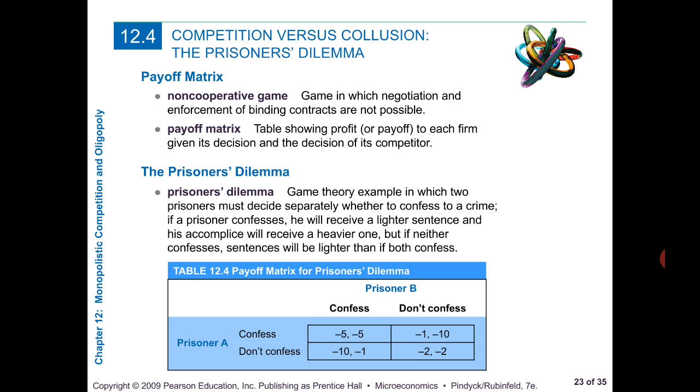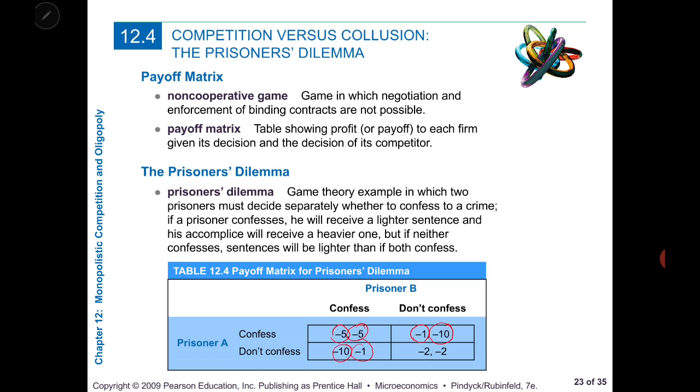And it's similar to what we know in economics or in business as the prisoner's dilemma. If both prisoners confess, both prisoners will get 5 years jail. If one of them confesses, for example, prisoner A confesses, prisoner A will get a less jail term, and prisoner B, who does not confess, will get a larger jail term.